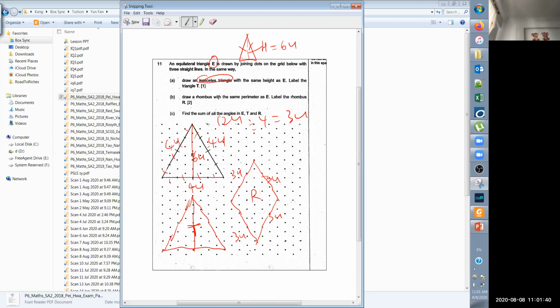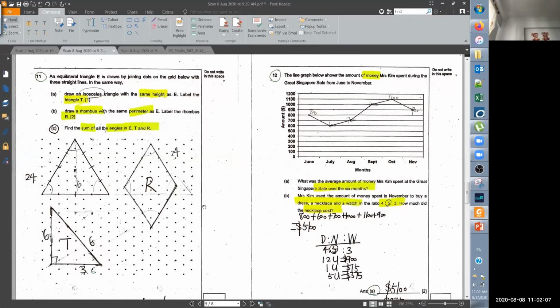OK，find the sum of all the angles in E，很简单，这个是180，这个是180，这个是多少？360，所以加起来720，对吗？OK，简单吗？看一下你的答案。one U two U，OK，很好，你这个是对的。这个呢我不是很确定你这个对不对，because I'm not too sure whether this is 6 right?